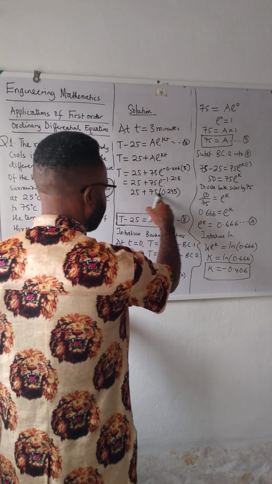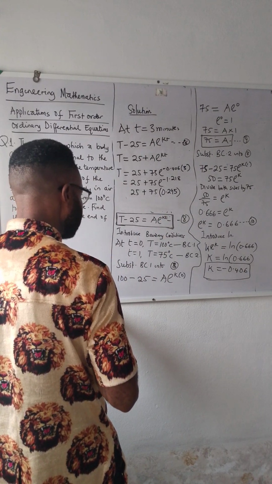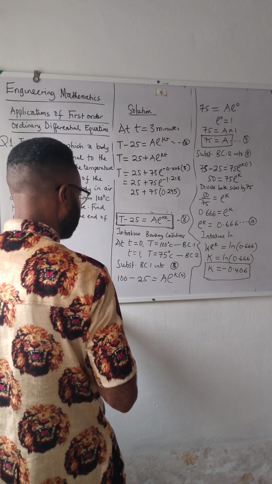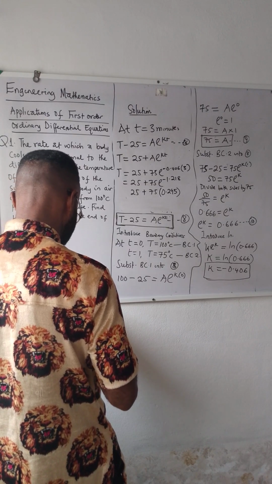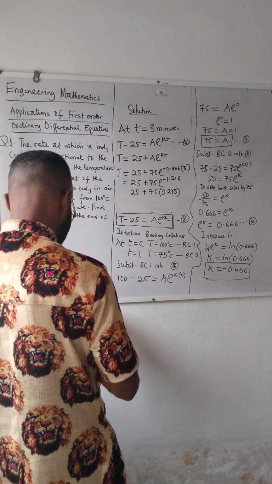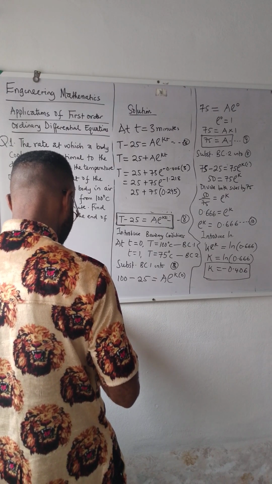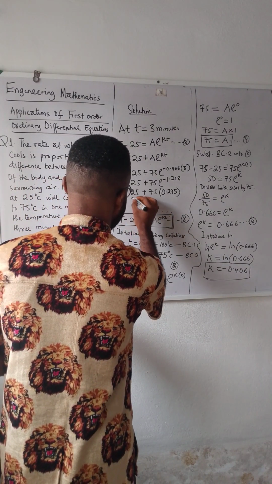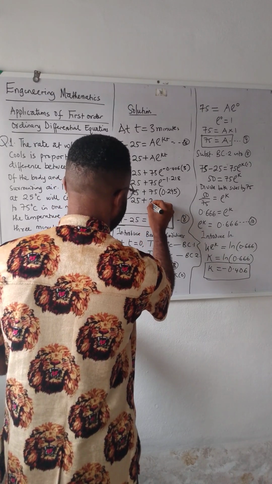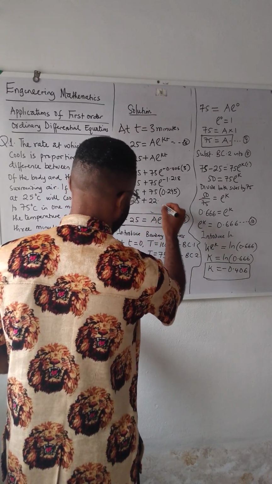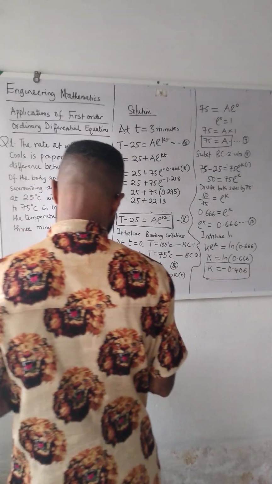So we can now say 75 times 0.295, and 25 plus 75 times 0.295 is 22.125. So we can take 22.13.